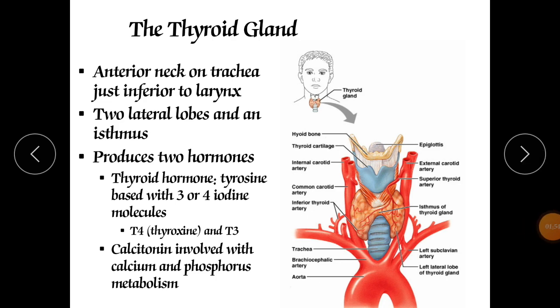The wall of each follicle consists of primary cells called follicular cells, most of which extend to the lumen of the follicle. A basement membrane surrounds each follicle. When the follicular cells are inactive, their shape is low cuboidal to squamous.